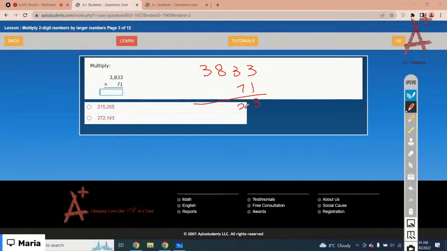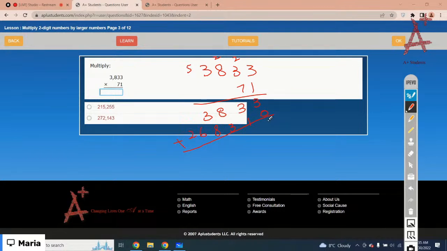Okay, 1 times 3 is 3, 3, 8, and 3. Okay, 7 times 3 is 21, 1 and 2 carry. 7 times 3 is 21 and 2, 23, 3 and 2 carry. 7 times 8 is 56 and 2, 58, 8 and 5 carry. 7 times 3 is 21 and 5, 26.